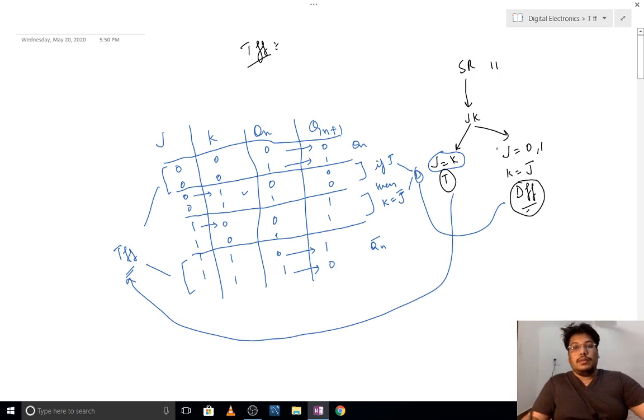So T and D flip-flop are parts of JK. The middle segment is called D, whereas the upper and lower segments are called T flip-flop.